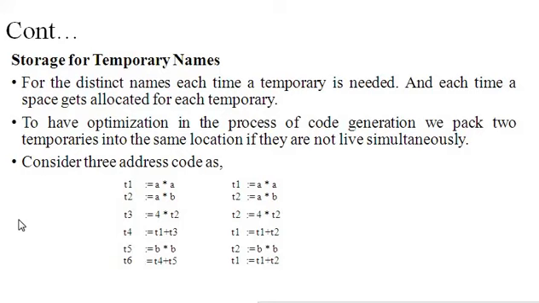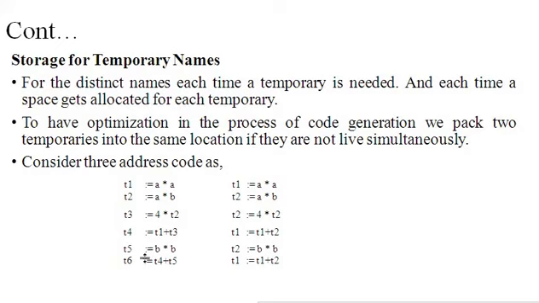Consider the following three address code, which is T1 is equal to A into A, T2 is equal to A into B, T3 equal to 4 into T2, T4 equal to T1 plus T3, T5 is equal to B into B, and T6 is equal to T4 plus T5.